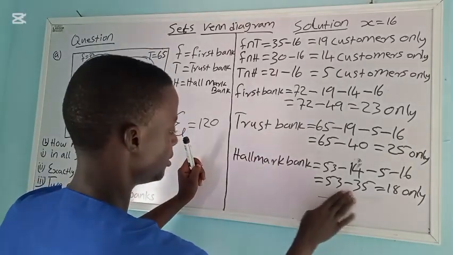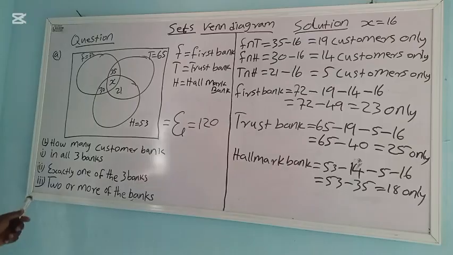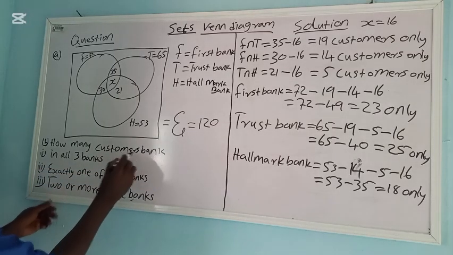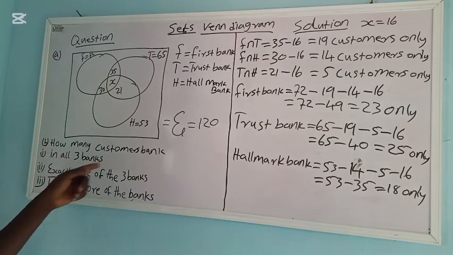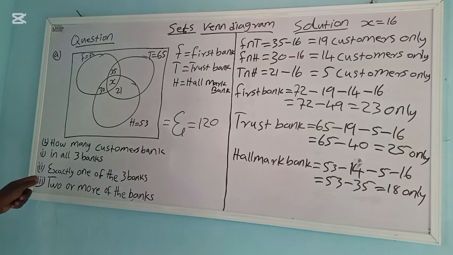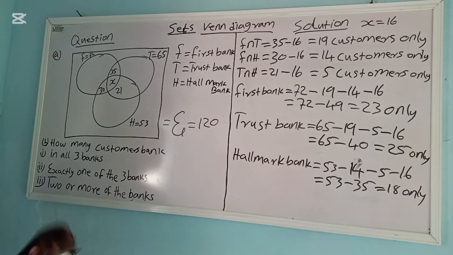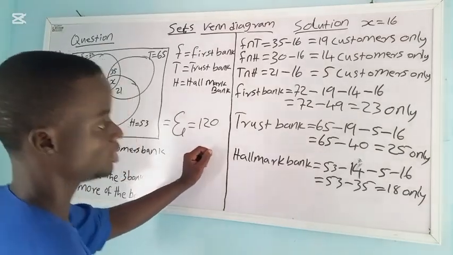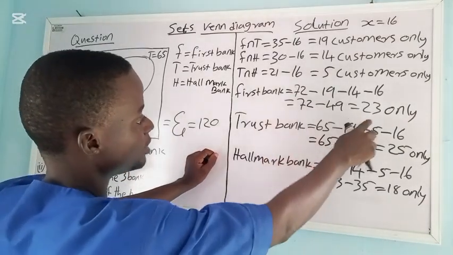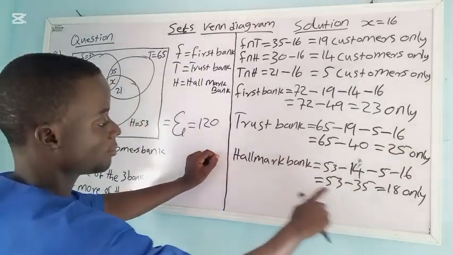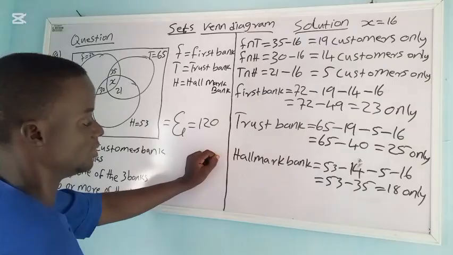So now the question said, how many bank customers bank with, Roman numeral two, exactly one of the three banks. They say how many of them are. So now, since we have known the first bank, which is 23, and the Trust Bank, which is 25, and the Hallmark Bank, which is 18, we'll now sum them together.